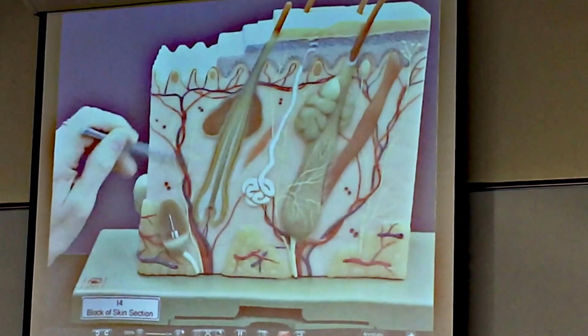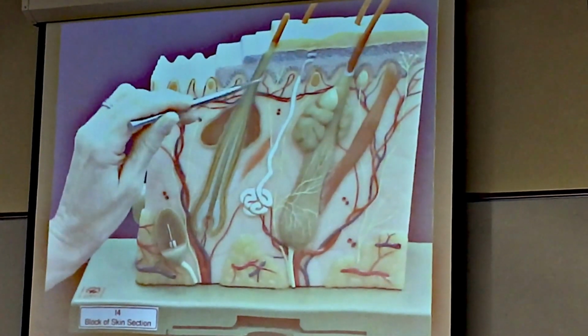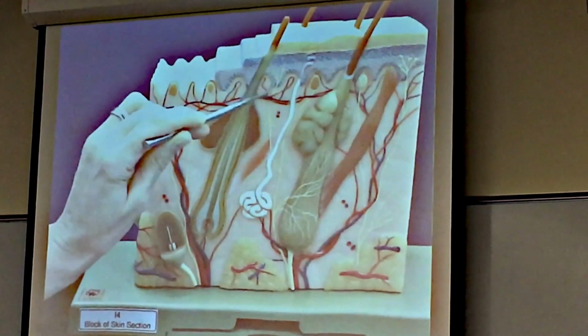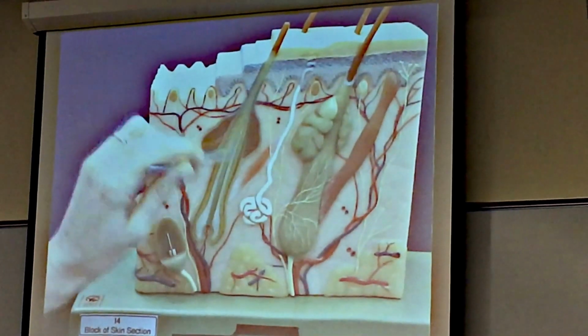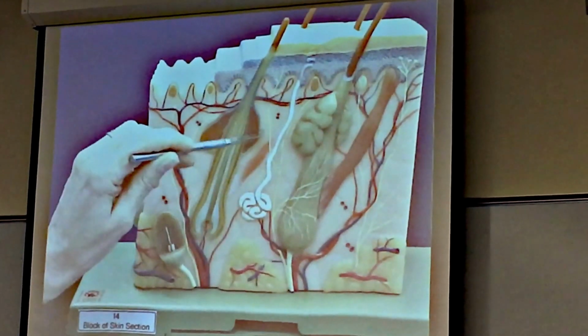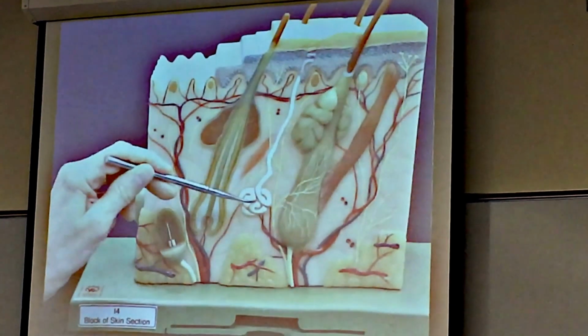That is the reticular sublayer of the dermis. What tissue is the papillary sublayer of the dermis made up of? Areolar connective tissue. What tissue is the reticular sublayer made up of? Dense irregular.